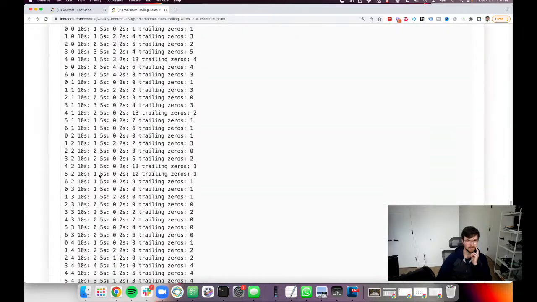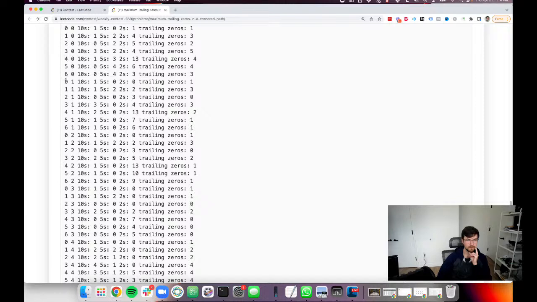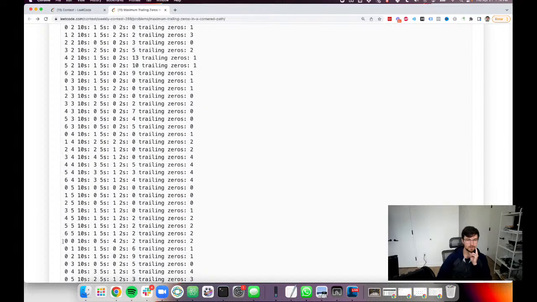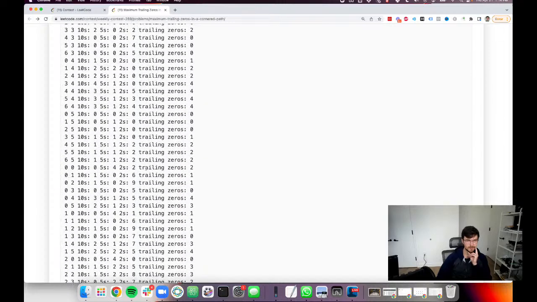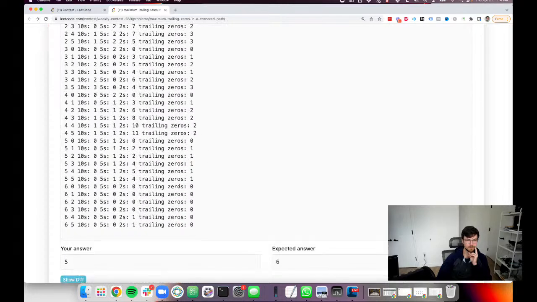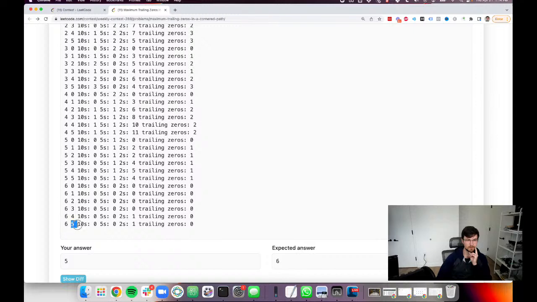Is that right? It looks like there's 7 columns or 7 rows, and then are there, oh no, we are. Then there's 6 columns. 7 rows, 6 columns.